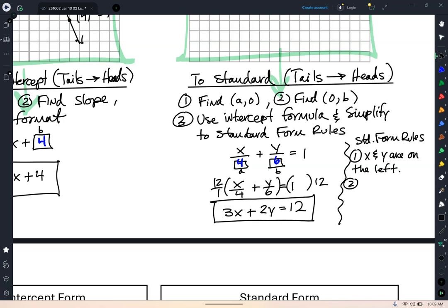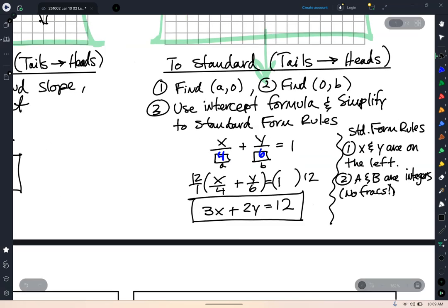Number 2, a and b are integers. No fractions. A and b are integers.